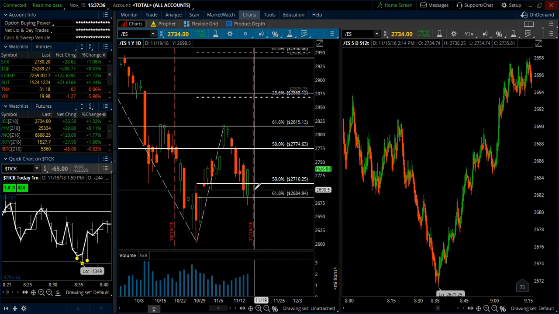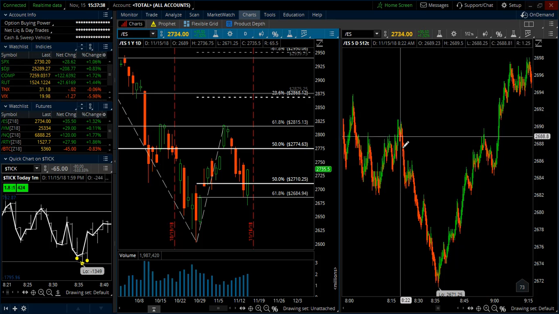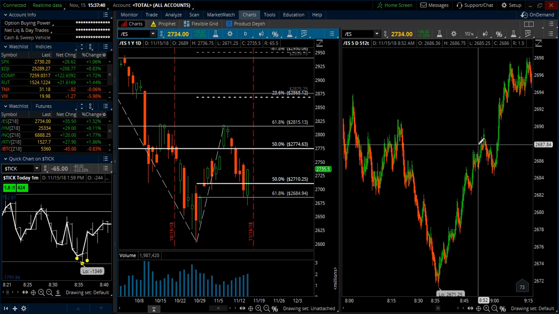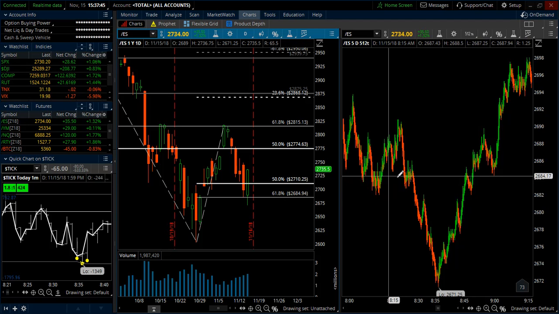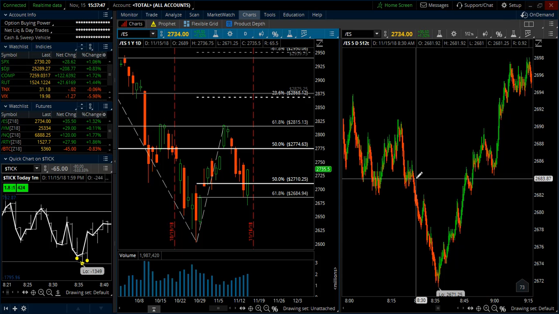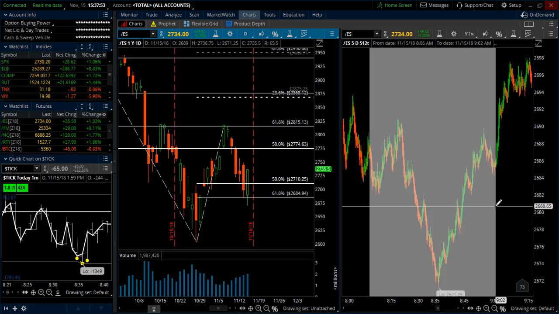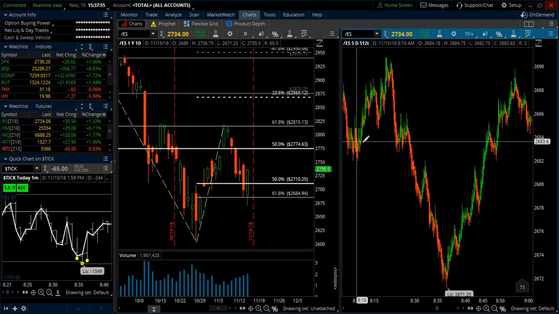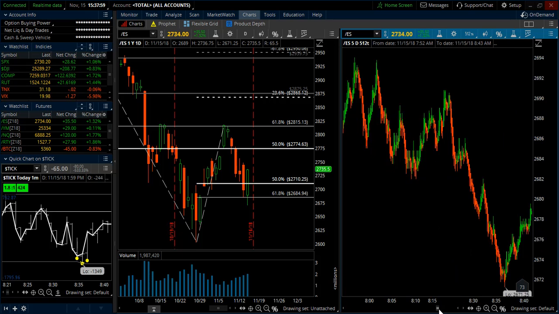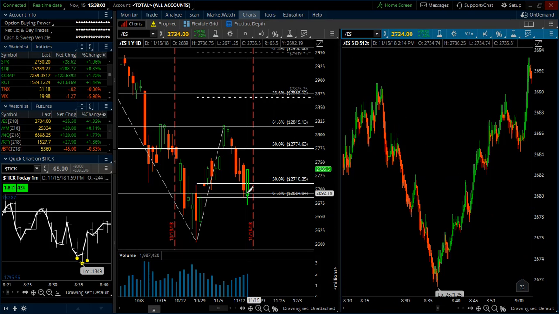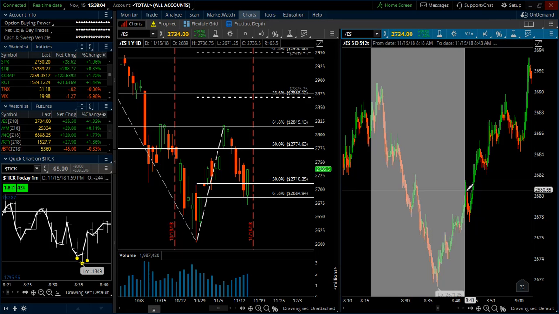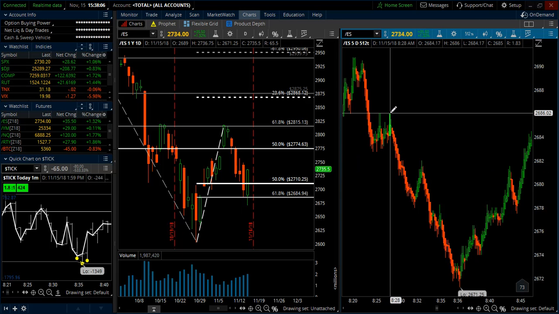And today, what we ended up getting is this very nice V reversal after we broke down. We'll call this the 84.75, 26.85 area. We broke down, and a couple of things happened. The first thing I like to do when the market makes a move lower, breaking a significant level, is look to the most recent swing high.